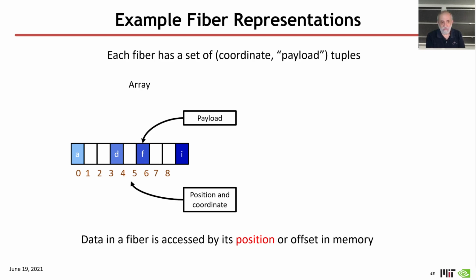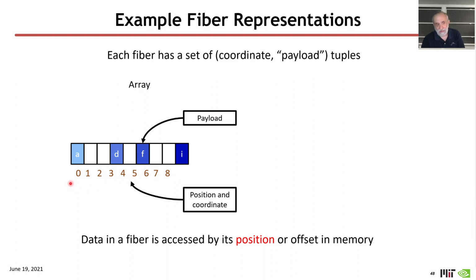One is just include the elements of the fiber in an array, be they 0 or not. And so what we have here is an array. Each of the elements of the array is a payload. And in order to find something, we know that each of these values along the way is its coordinate.